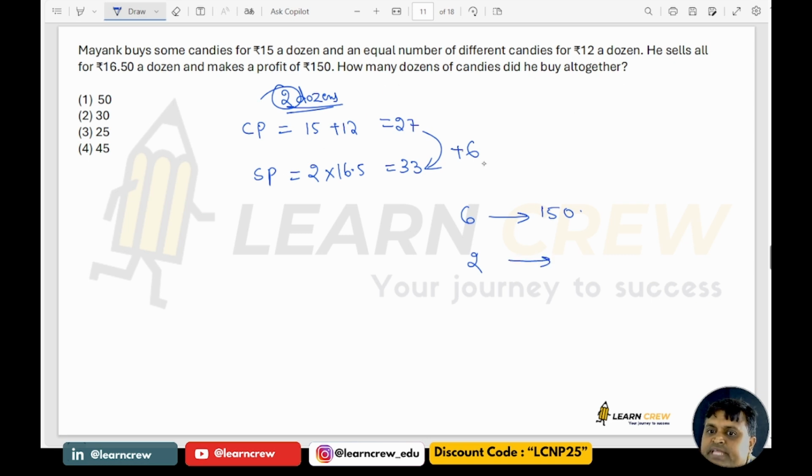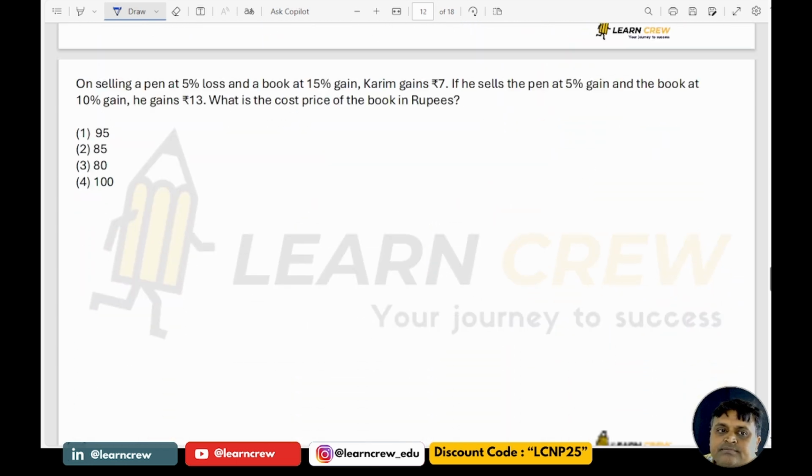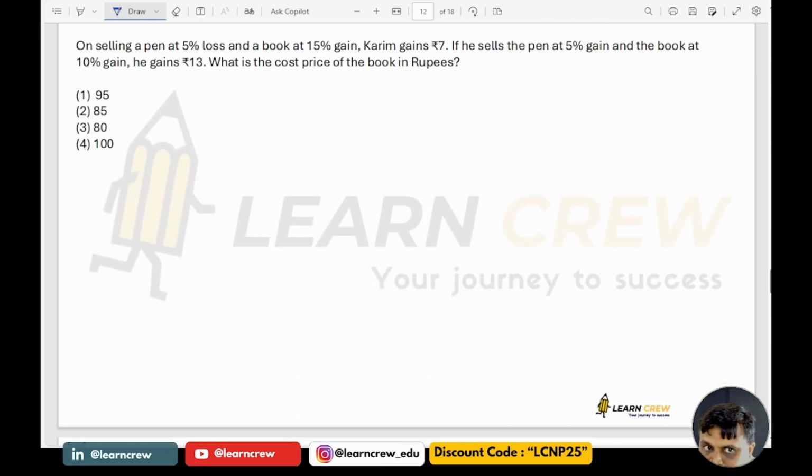If 6 is given as 150, then this 2 figure would be how much? 6 and 150, what is the relation? 625. Similarly, 2 into 25, how much? 50. So answer is 50. Answer is 50.